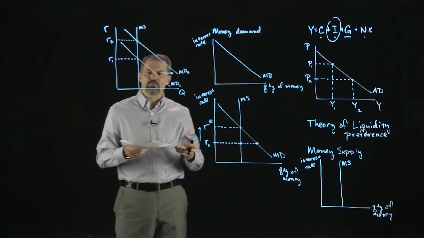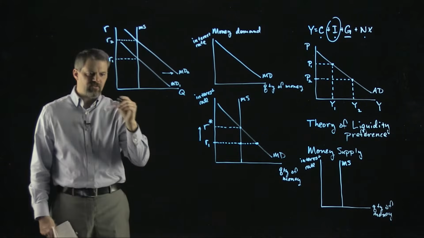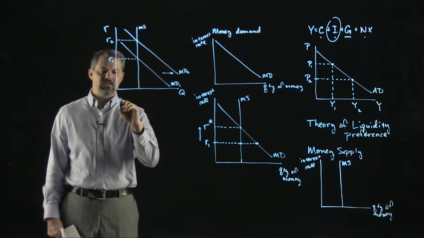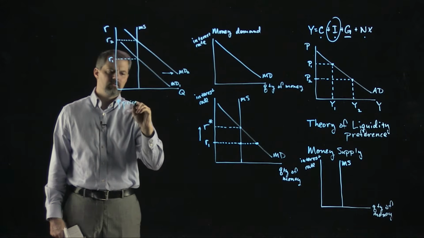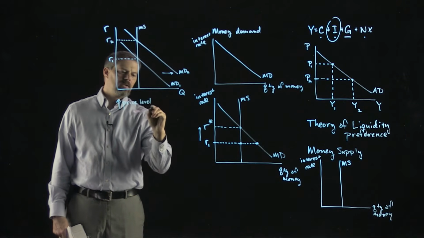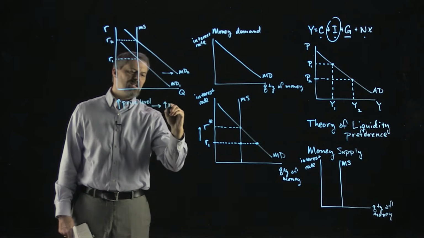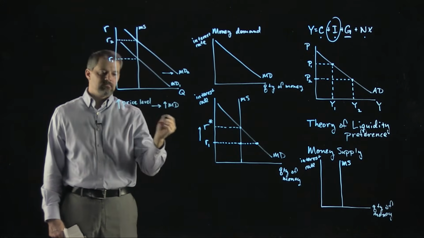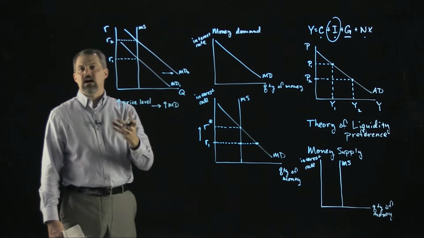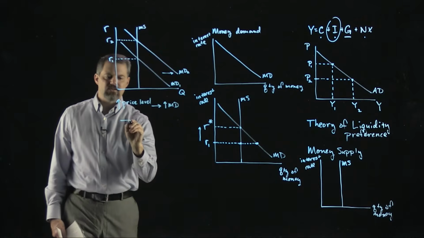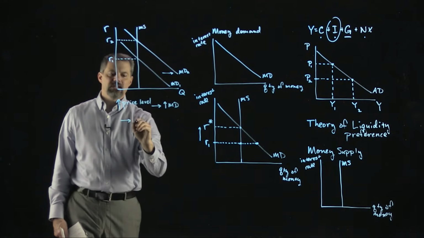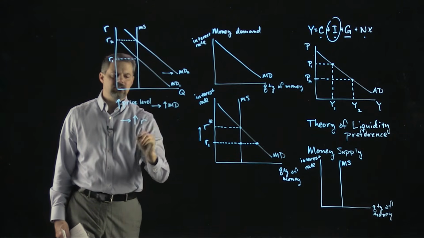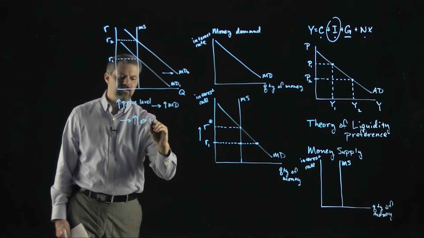Now, when the interest rate goes up, let's write out here our steps of logic. An increase in the price level causes an increase in money demand. People need more dollars to engage in transactions. That's going to lead to an increase in the interest rate. Let's write that out. Increase in interest rate.